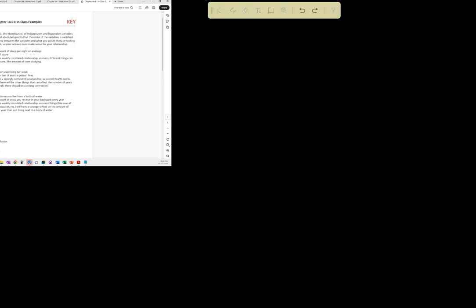Just from knowing about the ACT, some people are just better at it. There are things that matter way more than how much sleep you're getting on average, right? Will sleep have some effect? Yeah, maybe. But how smart you are matters a whole heap more than how much sleep you're getting.